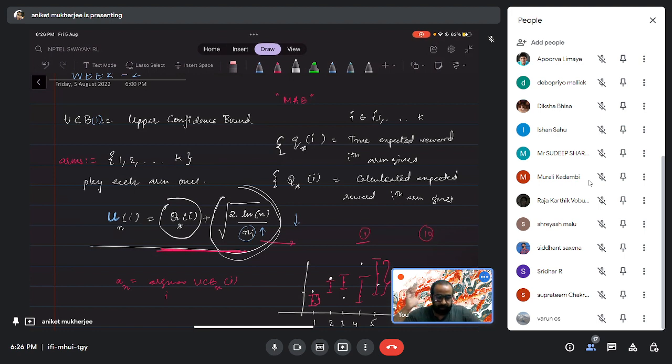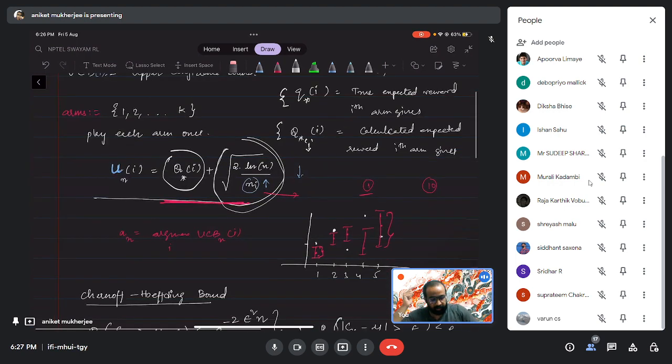Capital Q is the calculated expected reward. So I think in the notation somewhere, Sir also introduced a timestamp for capital Q here. So it gives at what time you're updating the expected reward. So small q is true expected reward, capital Q is calculated expected reward.